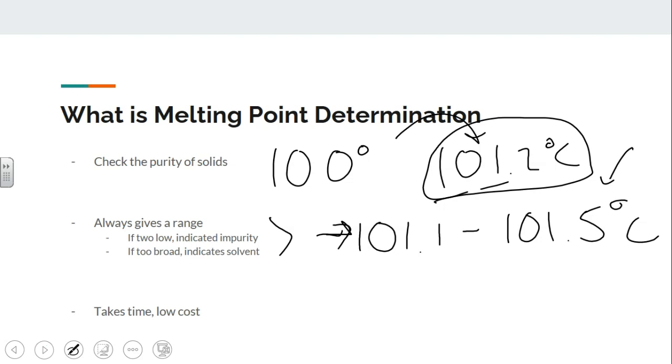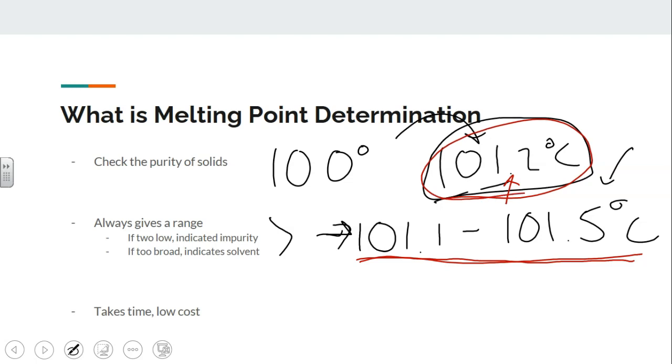A couple of things. If that range is too low, meaning it doesn't encompass the actual melting point of the solid, we can say that there's probably some impurity. So if I'm looking at this range that I just made up and the literature melting point, I would say that this range is fine because it encompasses the literature value.